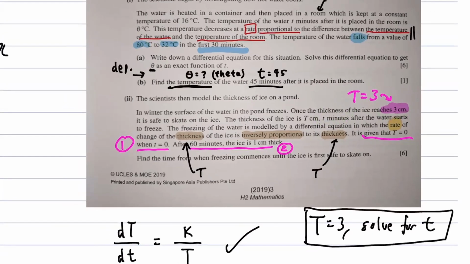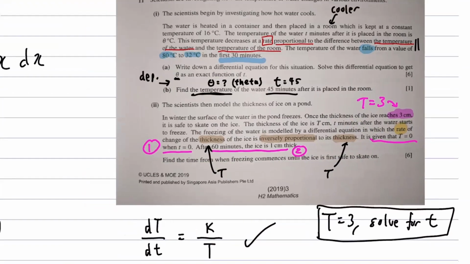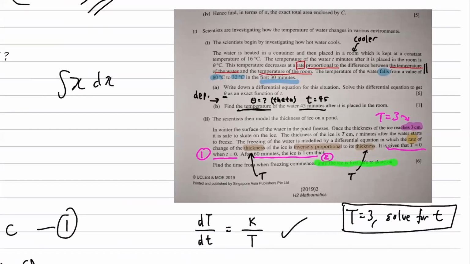Can you understand the question? They never tell you capital T equals 3 anywhere in this sentence. You need to deduce on your own from the initial part of the question. They like to confuse you. They call this application. Until the ice is first safe to skate on means capital T equals 3.